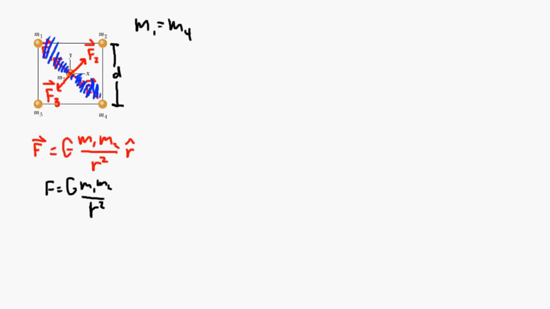So what I'm going to do first is I'm going to calculate the magnitude of these. So the magnitude of F2 is going to be capital G times M5 times M2 over this distance between M5 and M2. I'm going to call that R52 squared.